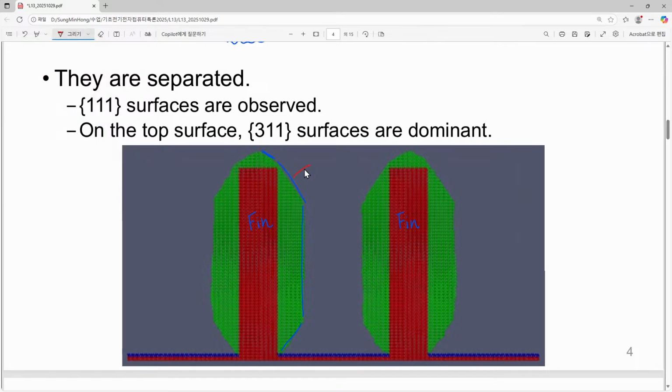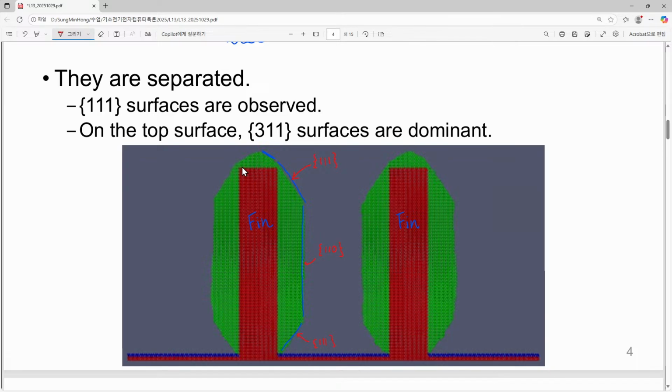Please note that this is corresponding to the 111 surface, and that is also the 111 surface. This is not 100, so this is corresponding to the 110 surface.